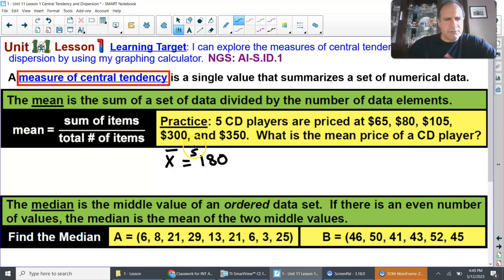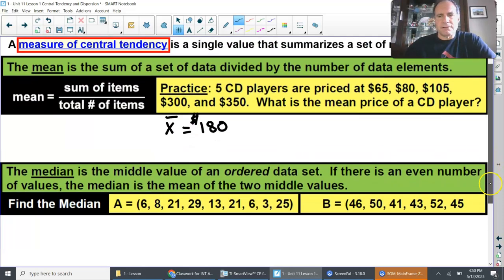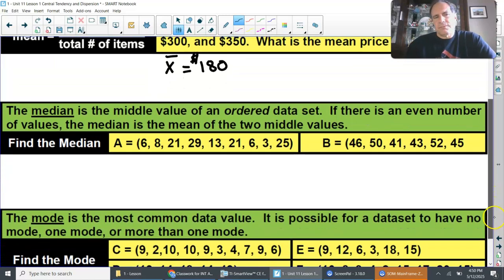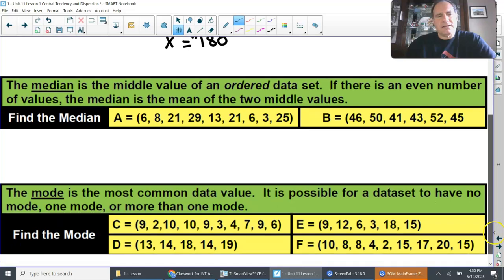It's $180. Now you could have just added the numbers up and divided by 5, but there's going to be other things that you're going to get from putting all of these numbers into a list. So I would just practice doing that.